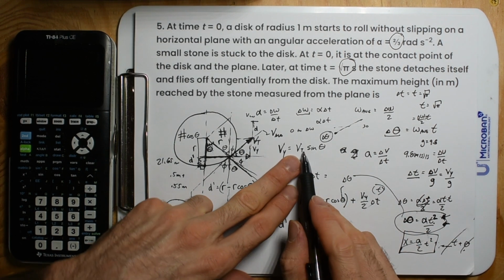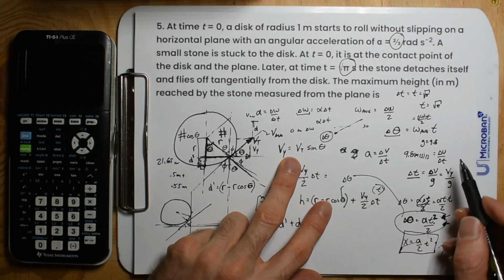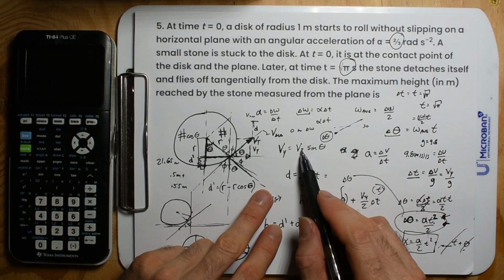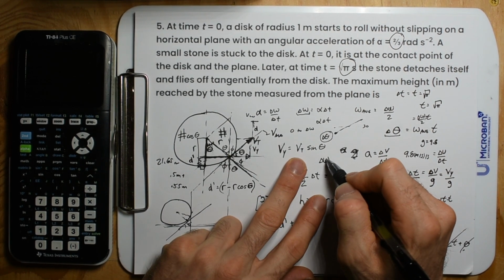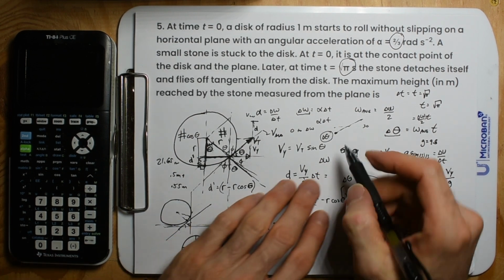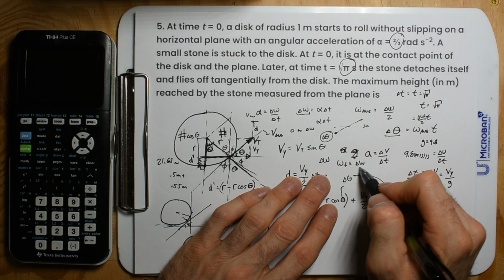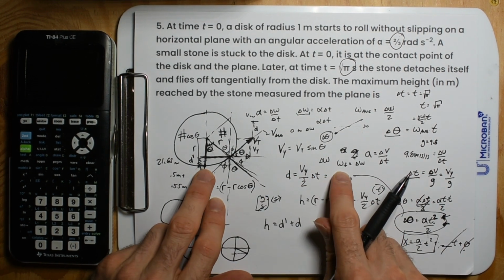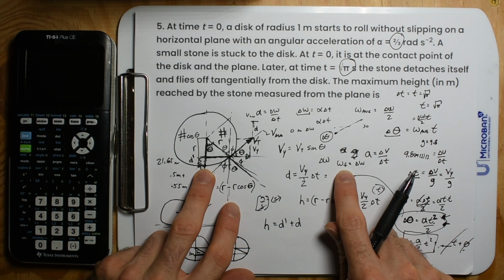Now the tangential velocity is the change in omega, that final omega, because omega final is just change in omega, because there's no initial radians per second, no initial angular velocity.